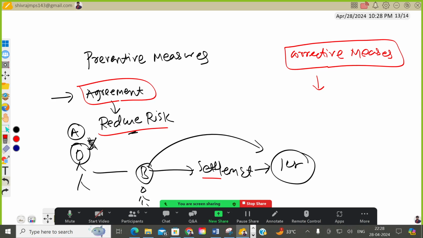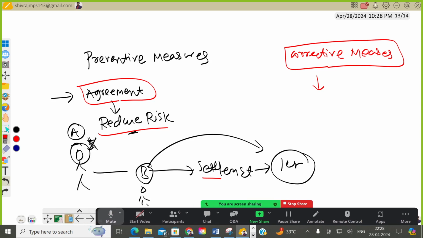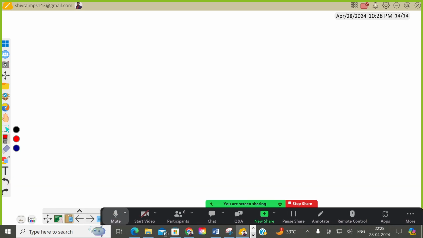And apart from this, how is it signed and all. See, this particular contract, let's assume buyer and seller are both interested and they have signed.